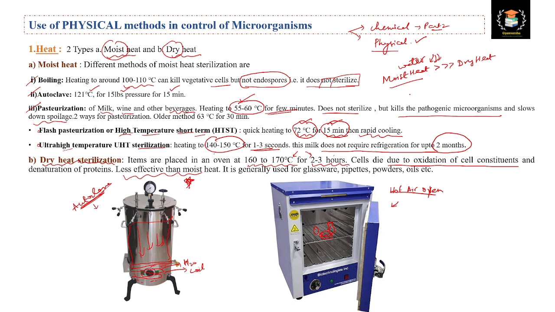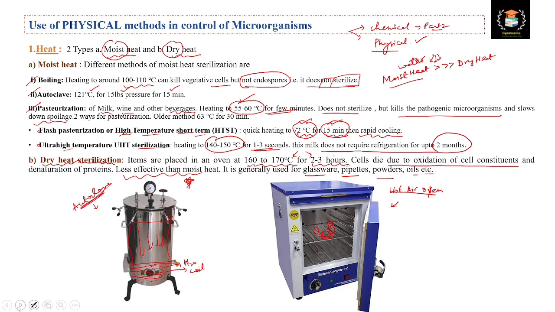Hence sterilization using moist heat is more effective when compared to dry heat. Dry heat sterilization is used for glassware, pipettes, powders, oils, etc. We generally use it just to dry items off, generally in chemical labs. If complete sterilization is not required, then you can use dry heat sterilization.